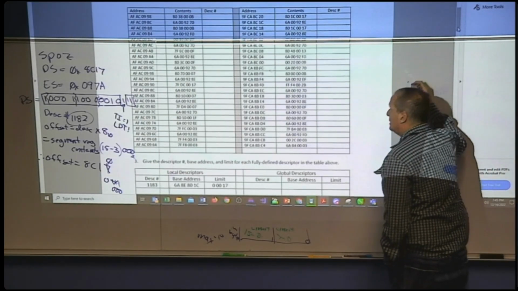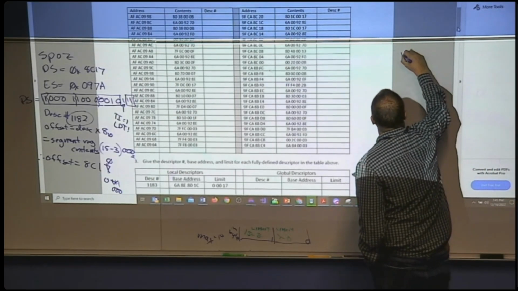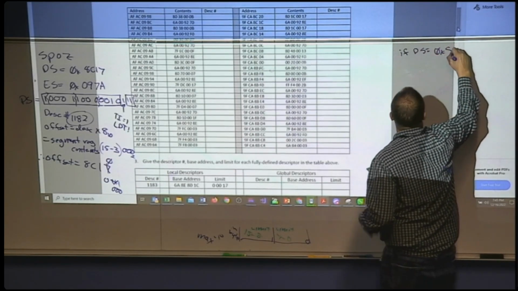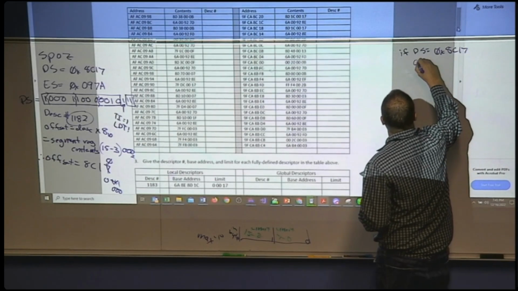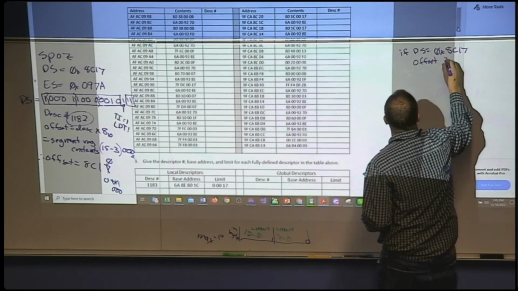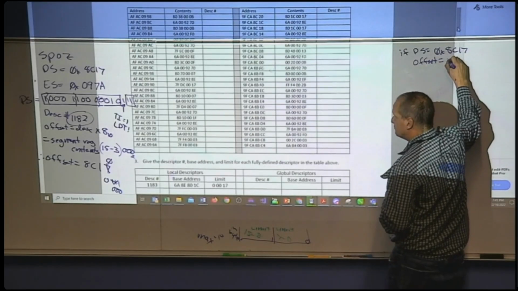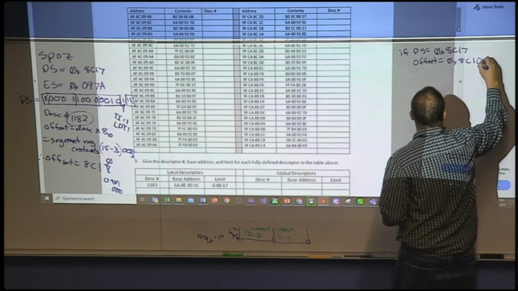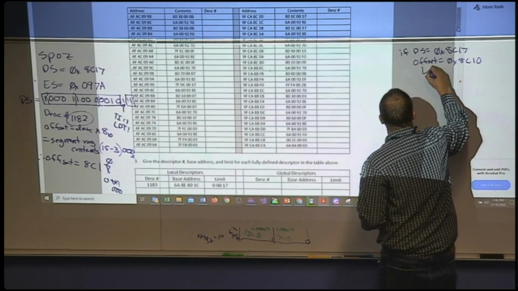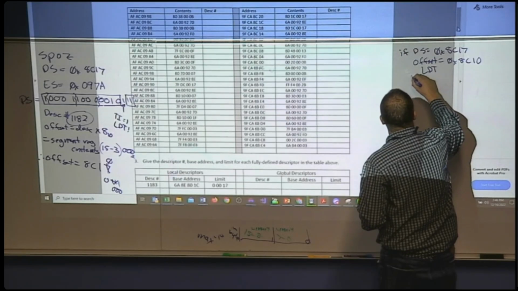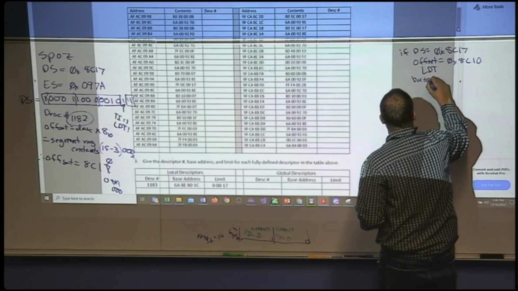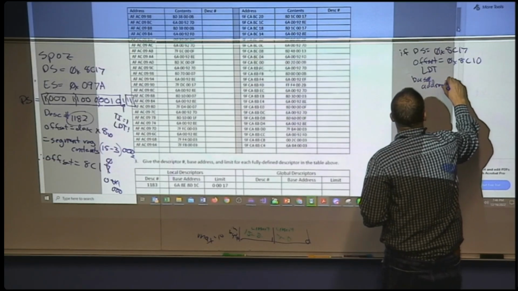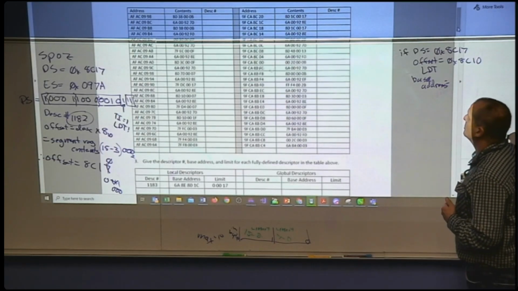So the offset we already determined is hex 8C10. It's in the local descriptor table, right? The base address is what for the local?